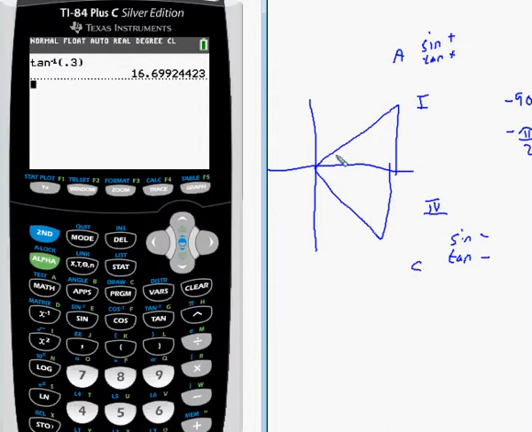If I was to take the inverse tangent of a negative number, let's do negative 0.3, I'm going to get the same answer, 16.699, but it's going to be a negative angle, because the inverse tangent always gives me answers either between 0 and 90 or 0 and negative 90. The answer is always between 0 and 90 if your input's positive, like we just showed, but the answer will be between 0 and negative 90 if your input is negative. So there you go, you get negative 16.7.